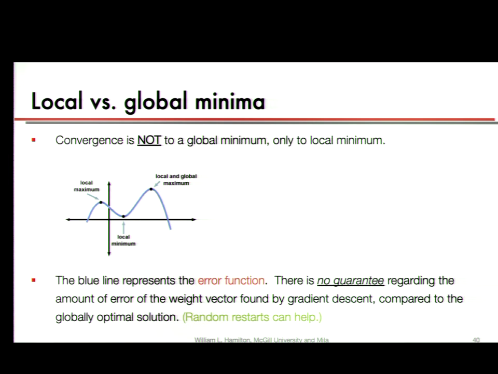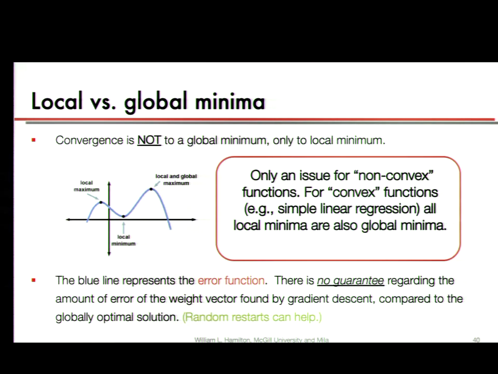We'll get into more best practices about how to choose a model in such a way that you do it sensibly. But an important issue is that this whole local minima issue is only a problem for what are called non-convex functions.